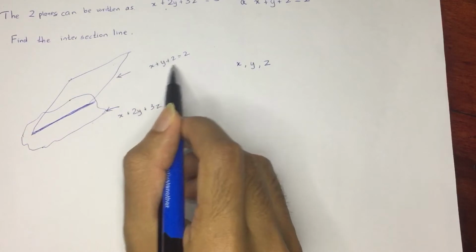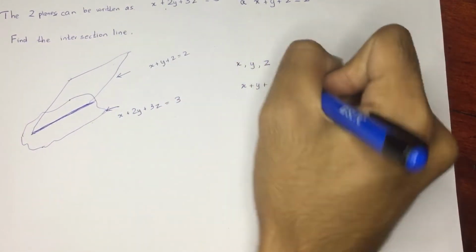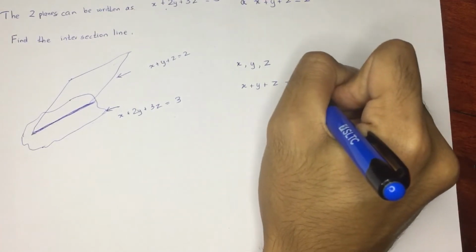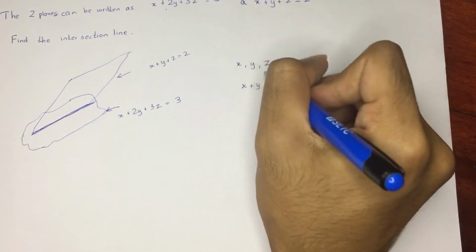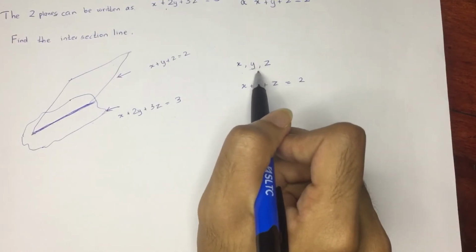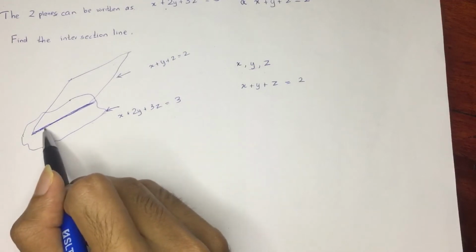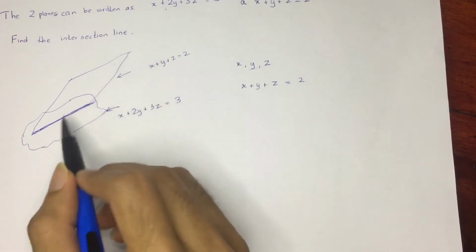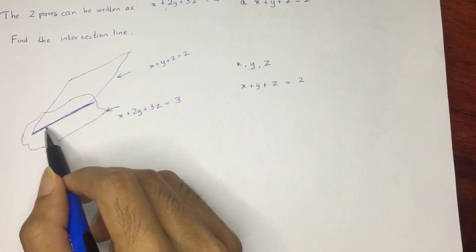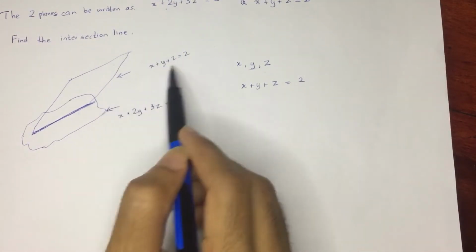So we can directly substitute and write the equation again. This plane's equation is going to be x plus y plus z equals 2. Here I'm going to consider the x, y, z points on this line. We already know the points on this line are going to satisfy this plane, because this line is in this plane.